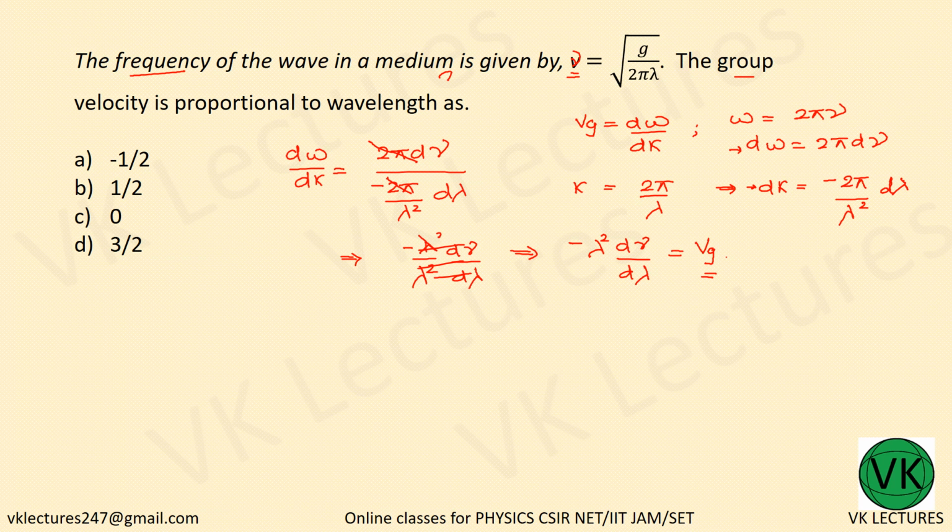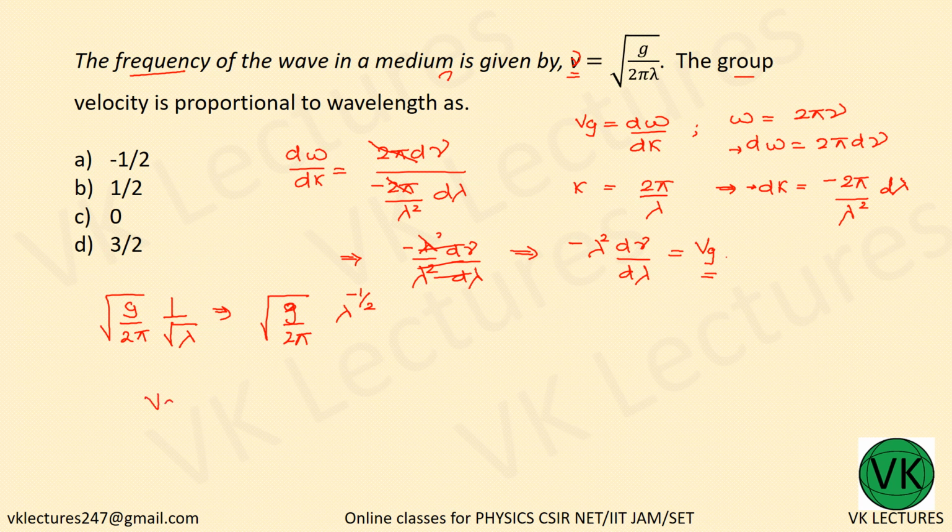So now the question is nu equal to under root g divided by 2 pi into 1 by root lambda, or if you want to write it as, g divided by 2 pi to the power 1 by 2, lambda to the power minus 1 by 2. This would be better. Now nu is given.